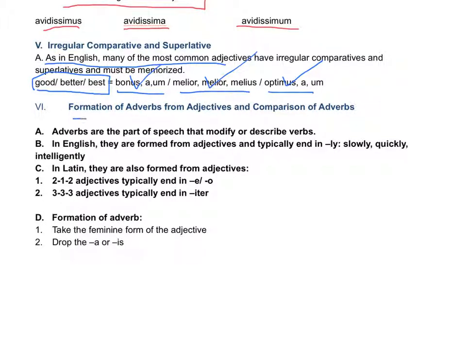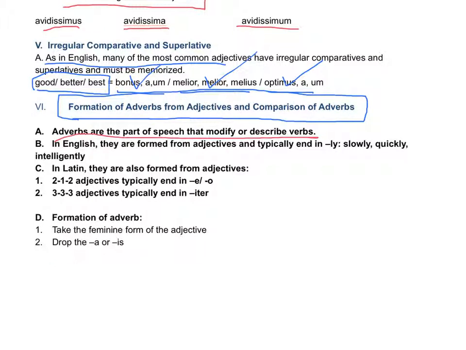Adverbs are something that you have not learned to form before, and adverbs can also have comparative and superlative forms. So adverbs, just to remind you, are the part of speech that modify verbs or describe verbs. My fault. Now in English, they're formed from adjectives, just like they are in Latin, and they typically end in ly.